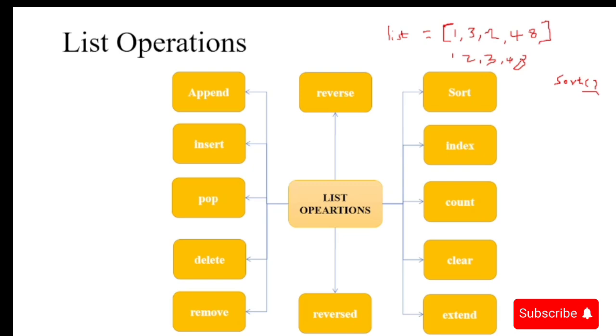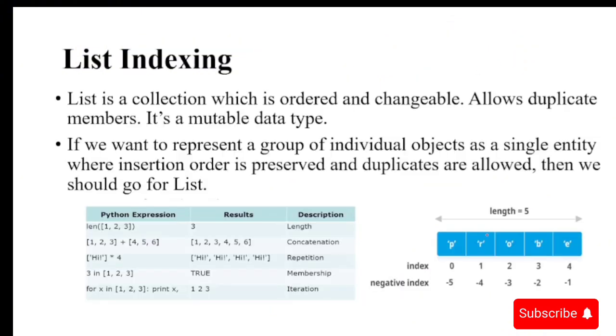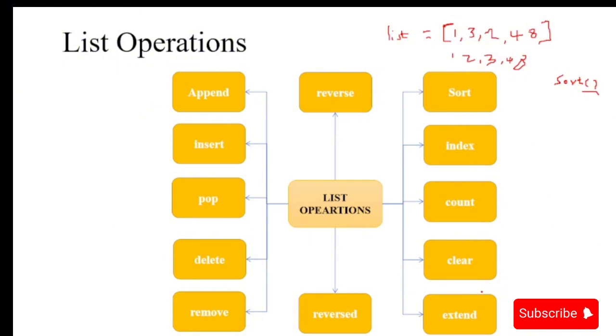For example, I specify my value as index 0, and I will return the value at the specified index. I say, for example, index -4, I will return the character R, which is at the specified index. So that is something about index.